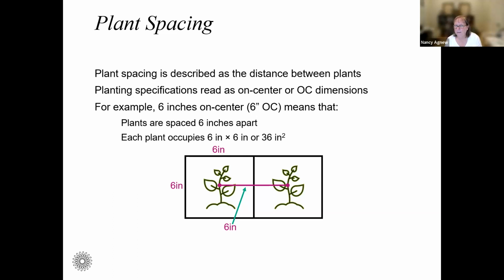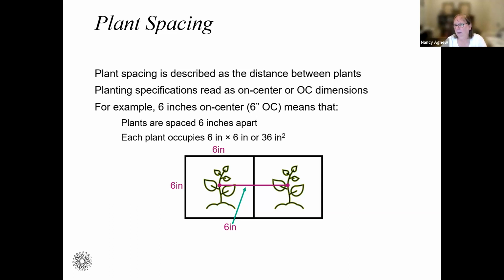But if you're, say, Disney World, maybe you're not. Disney World's pretty famous for overnight changing their bedding displays. They plant a lot of plants very close together so that it fills and looks beautiful very quickly. So just realize that's why there's the range of plant spacing. You just have to find what's right for you in your situation.